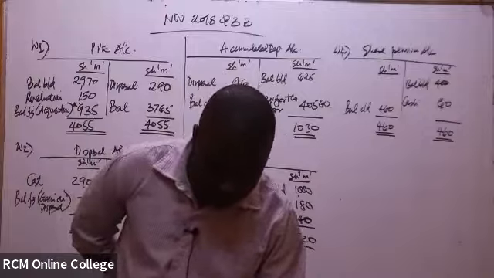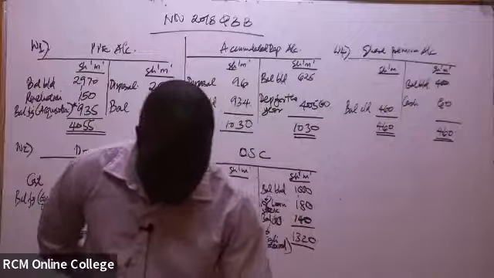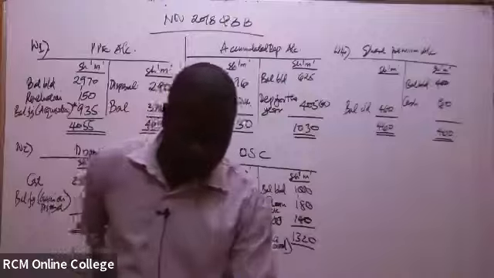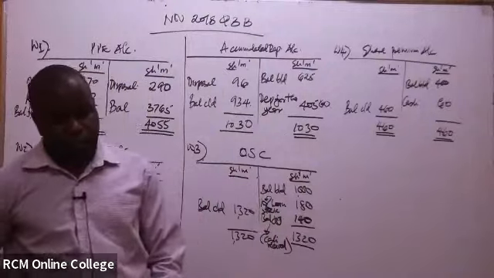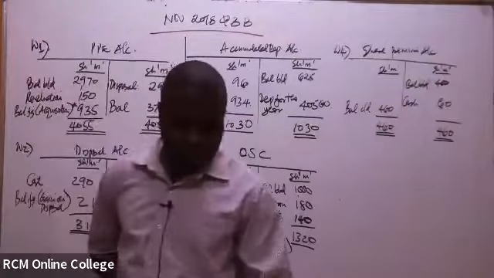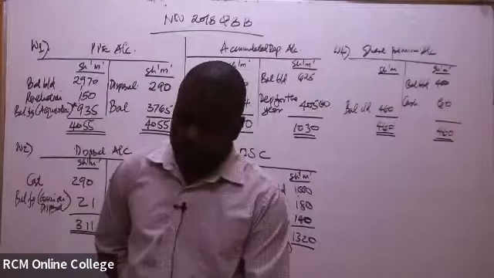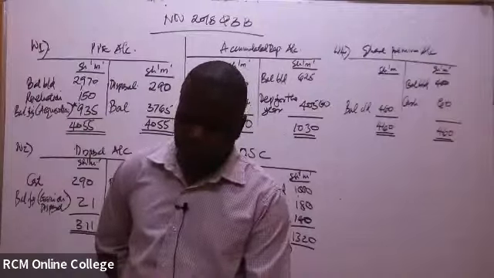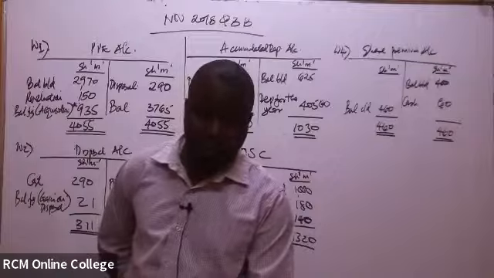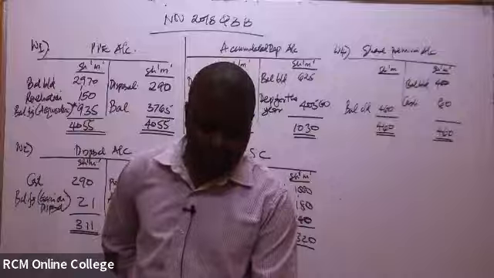And then in this case, you can look at the goodwill. Goodwill at the start of the year is how much? It is 455. And at the end of the year, 432. So it means it had lost value by how much?